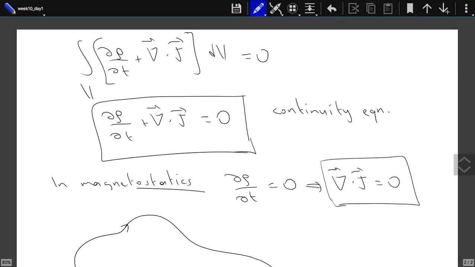Not necessarily. I mean, just imagine a wire. Inside there is a current, outside there is no current. The current is not continuous. The continuity over here is not saying that the current is continuous. It just states that the existence of charges, let's say, is conserved continuously. For example, you could have charge conservation if you just make one charge disappear over here and appear in, I don't know, the Andromeda galaxy at the same time.